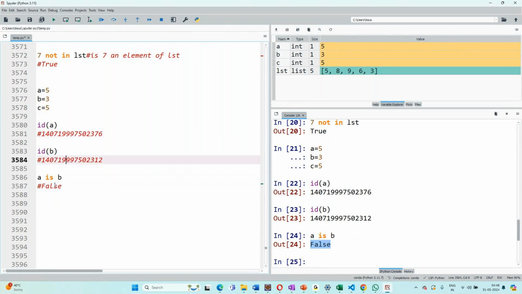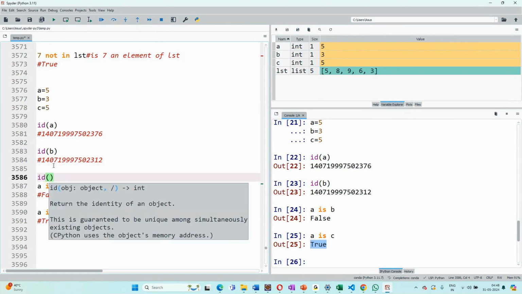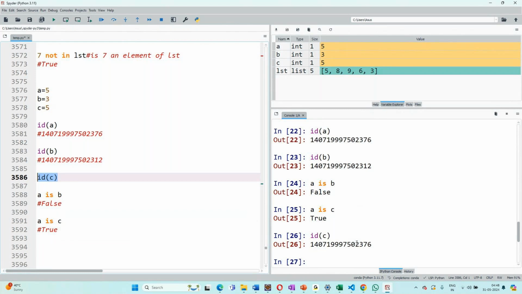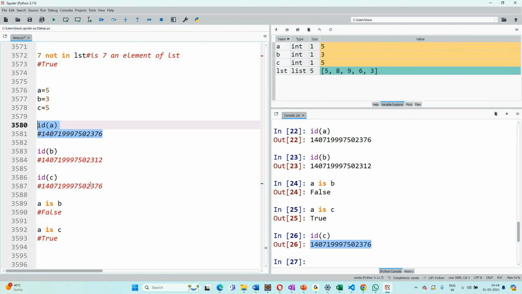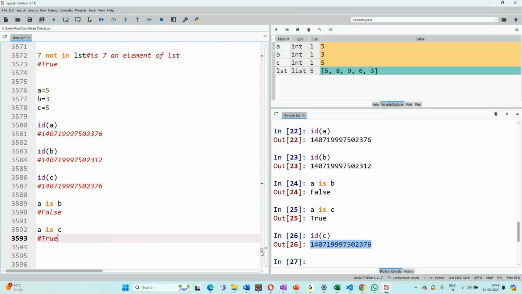Now if I say A is C, the answer is true, because the value is the same, so the ID of A is the same as the ID of C. When the values match, the IDs will match.